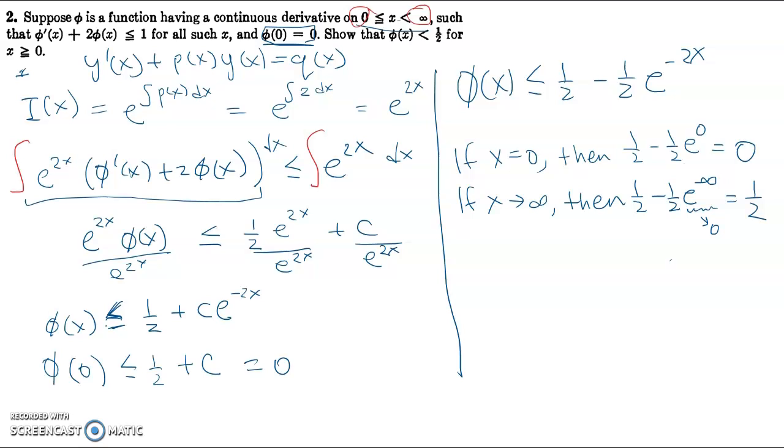Okay, and so this is how we have proved that phi of x is always going to be less than 1/2 if x is greater than or equal to 0, because we have shown that if x is 0, the leftmost boundary, our equation is going to equal 0, and at most, if x approaches infinity, it's going to go up to 1/2.